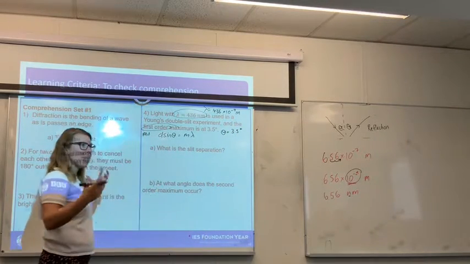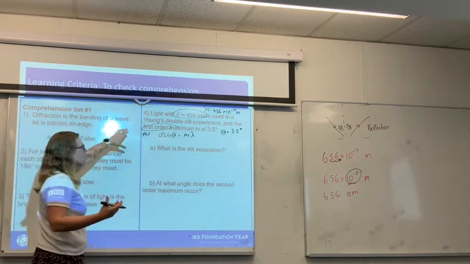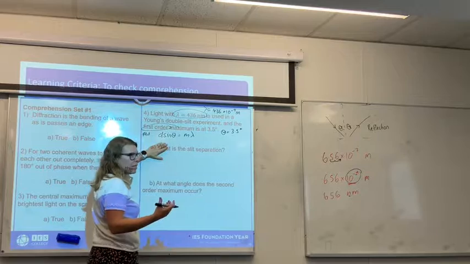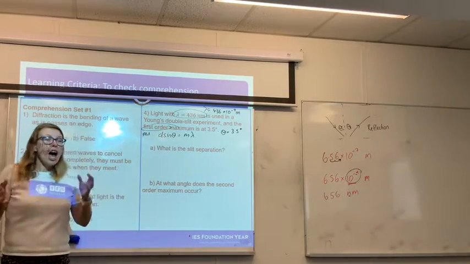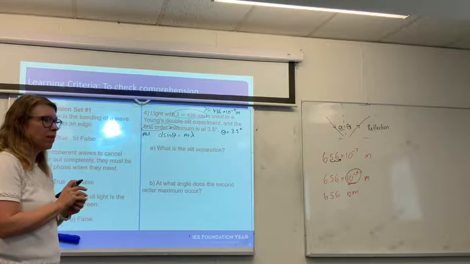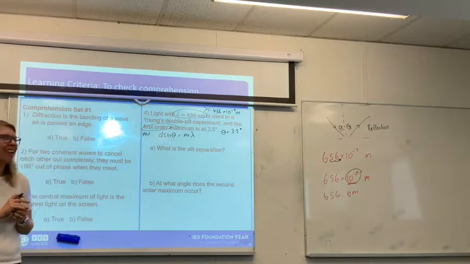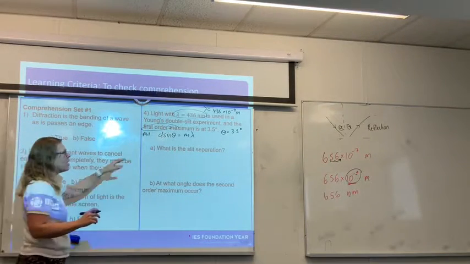So I take out my information. I see Young's double slit experiment, so I know I'm going to be using this formula. So what is the slit separation?